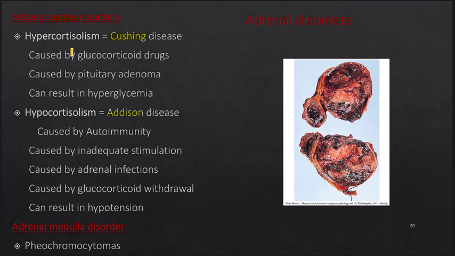Causes of hypercortisolism include glucocorticoid drugs. You could have somebody who is taking prescription glucocorticoids to treat inflammation that's caused by a variety of different illnesses, for example. It can be caused by pituitary adenoma, where the pituitary gland, because of the adenoma, is secreting too much ACTH, or adrenocorticotropic hormone.